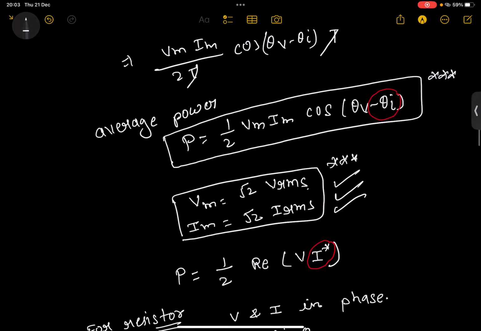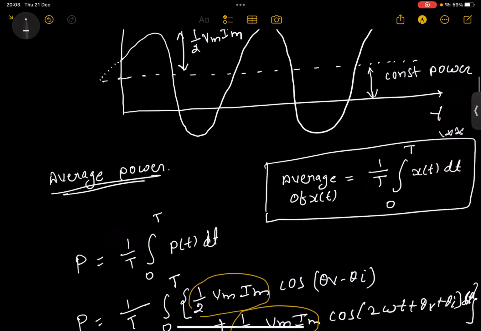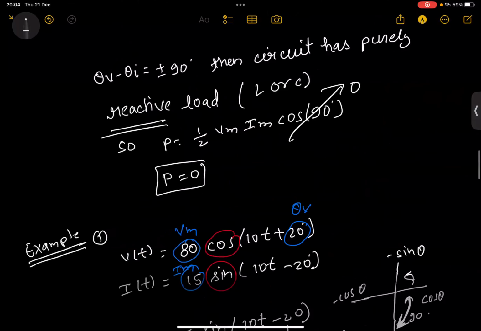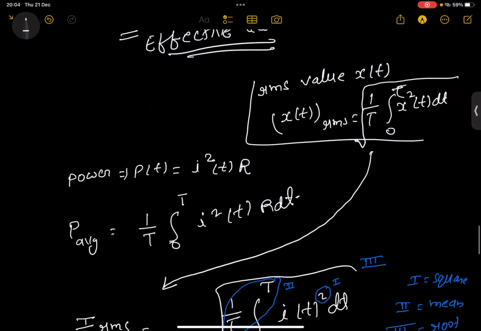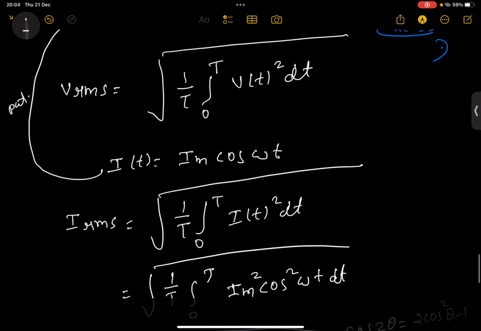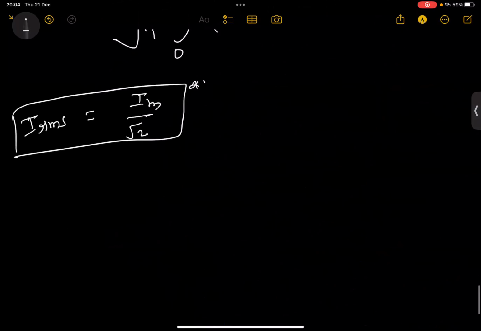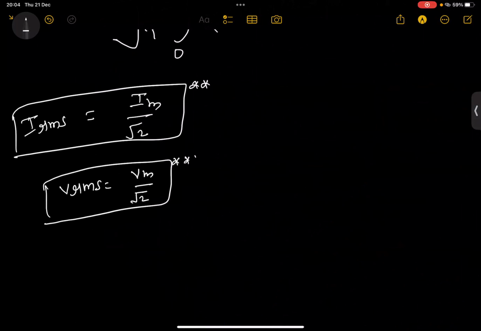In a similar way, VRMS is also V maximum by root 2.